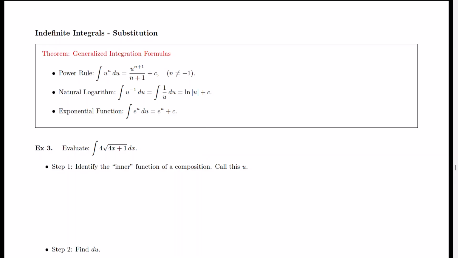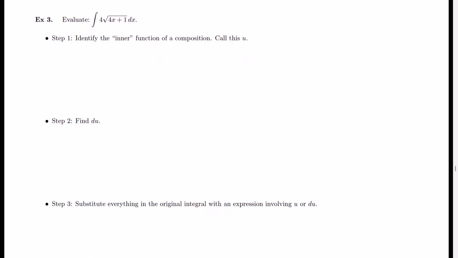So remember, u is this new variable that you're going to be introducing yourself, and it's supposed to replace a bunch of x's. So let's take a look at example number 3 to see how this is going to work. We're told to evaluate the antiderivative of 4 times the square root of 4x plus 1.